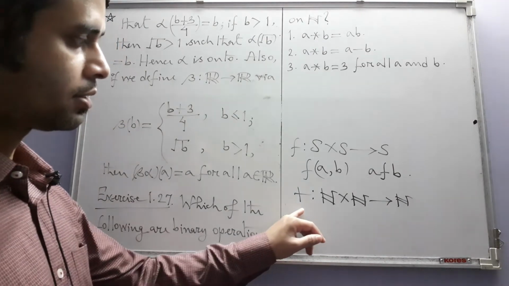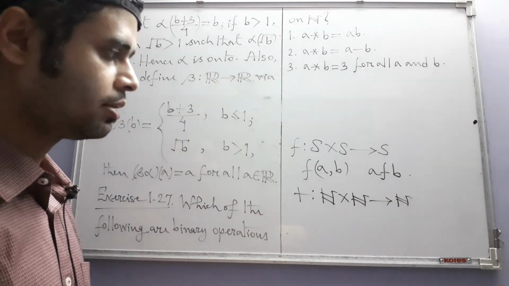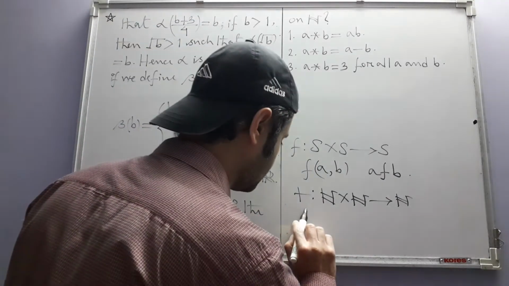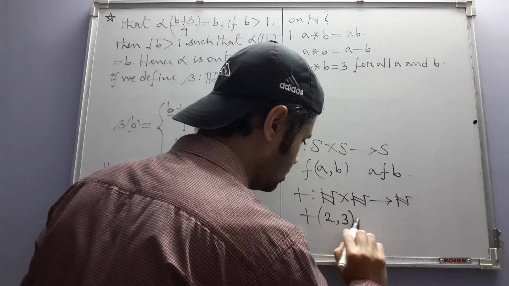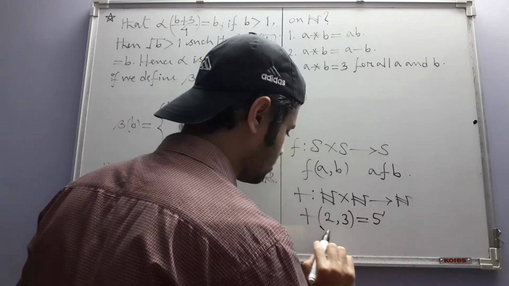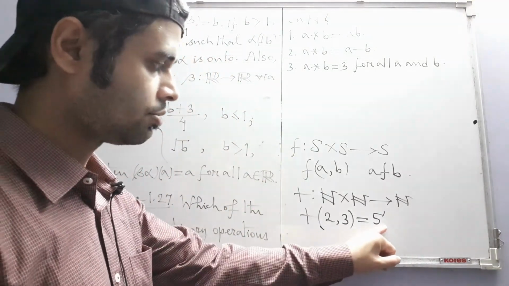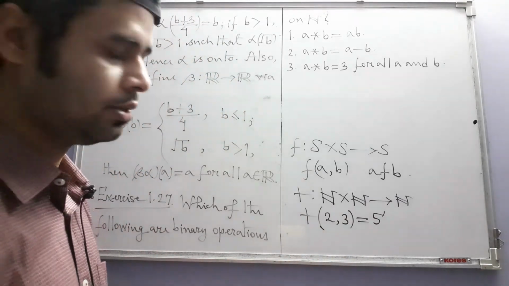This is a function on N. Function on N means a binary operation on N, which is a function like this. Instead of writing this, function really gives you the output 5 when the input is the ordered pair (2, 3).